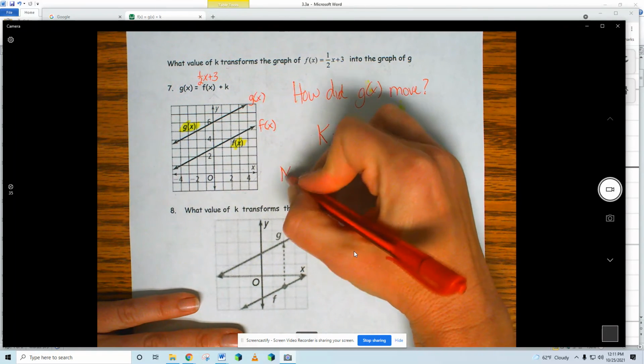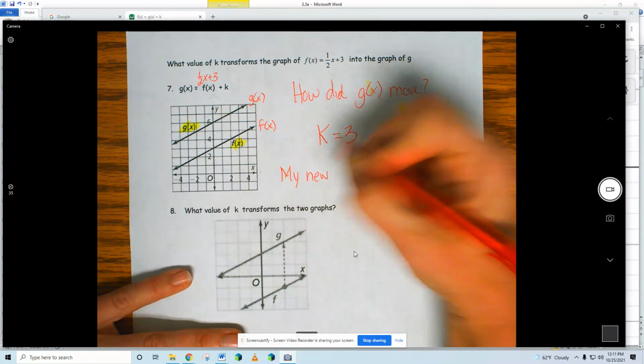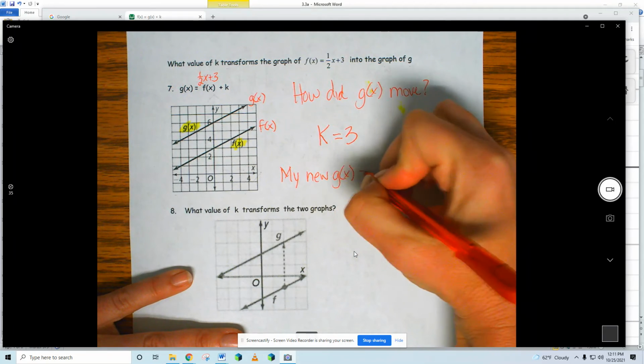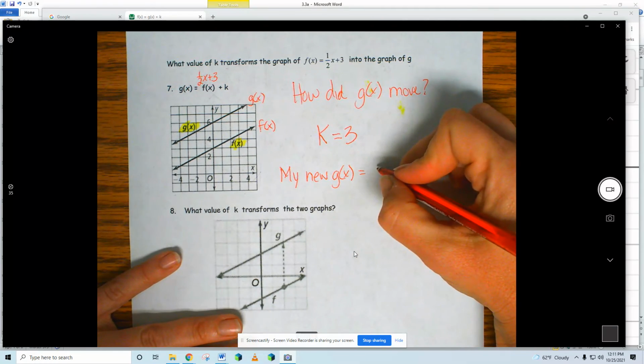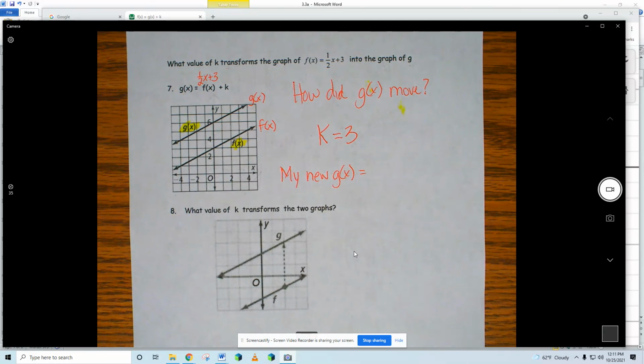My new g of x is... If I'm adding 3 to my y-intercept, what's my new y-intercept? Just look at g of x, or add 3 to 3. 6. 1/2 x. The slope is the same.